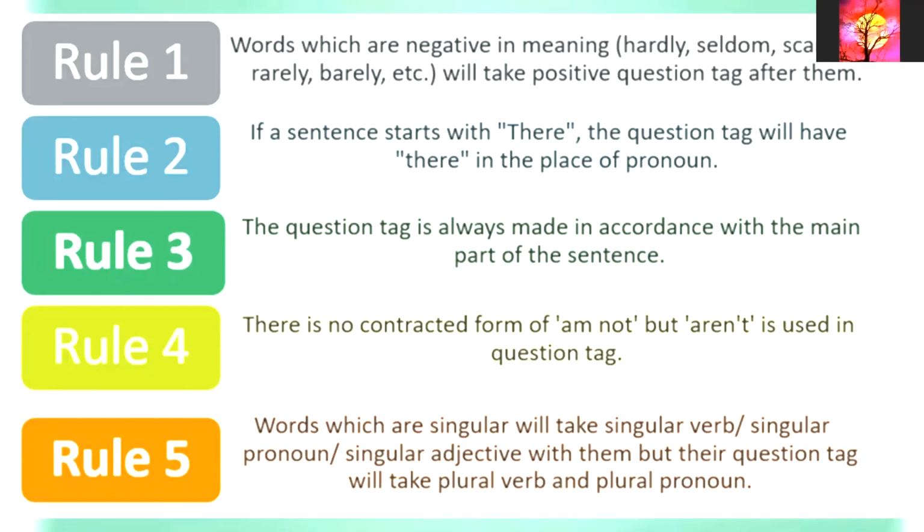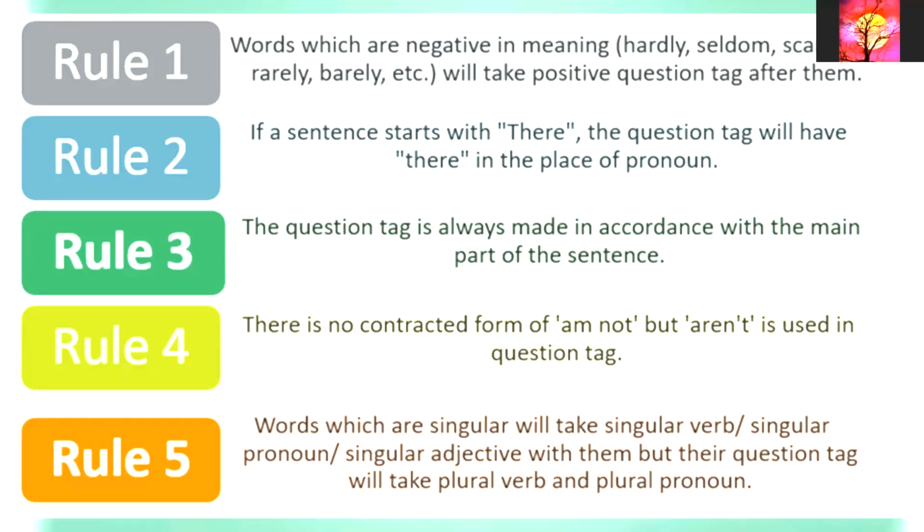So, if the main part of the sentence is positive, the question tag will be negative. And if the main part of the sentence is negative, then the question tag will be positive. The next rule which you need to remember is that there is no contracted form of am not, but instead of am not, we use aren't in the question tag.